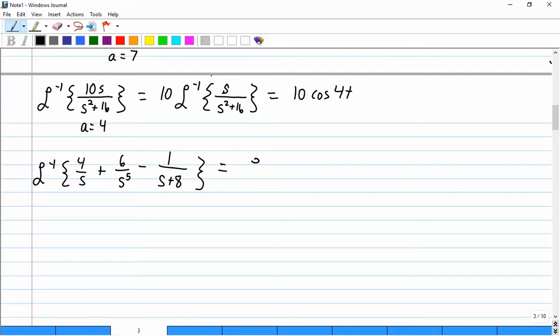Of course, you want to take the inverse Laplace transform of each term.